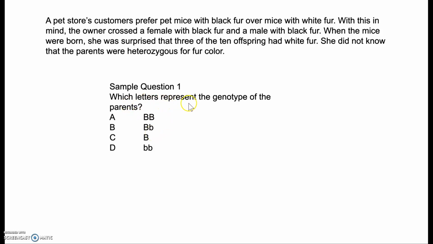So which letters represent the genotype of the parents? The uppercase B and the lowercase b, which is letter choice B. You do need some content to remember that, but you have to remember some science content to do these questions.